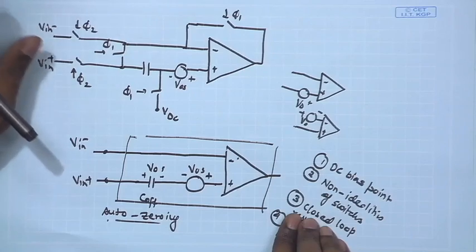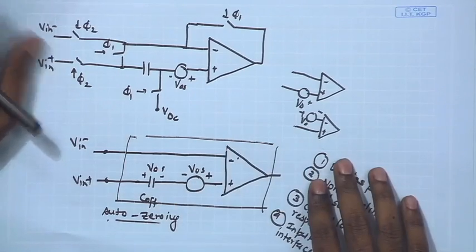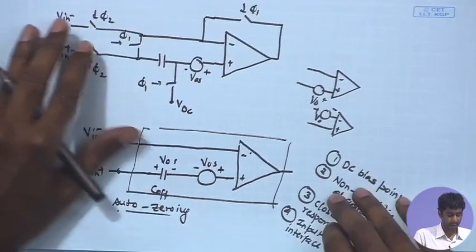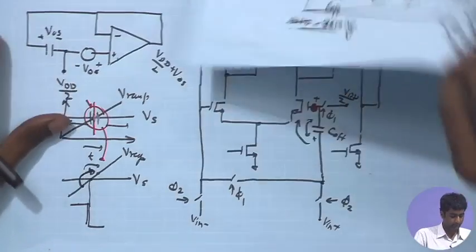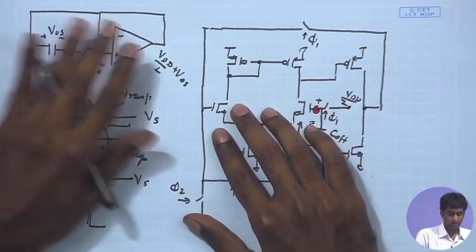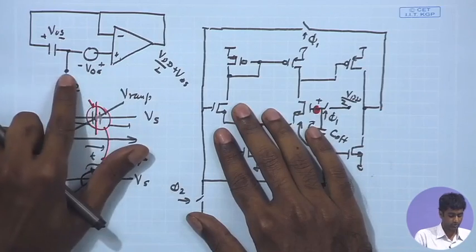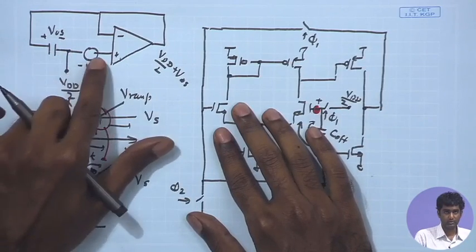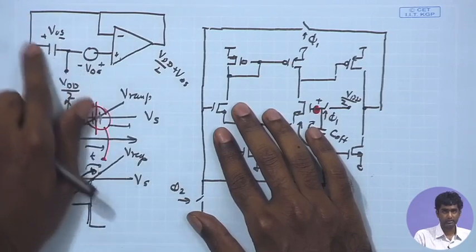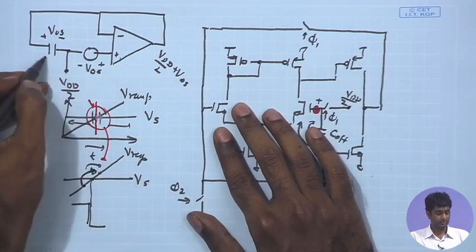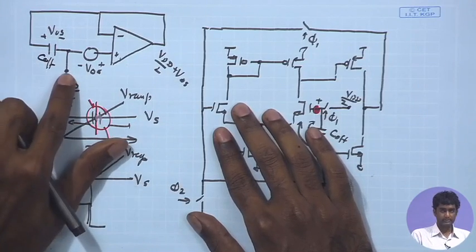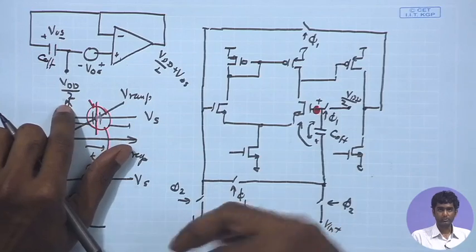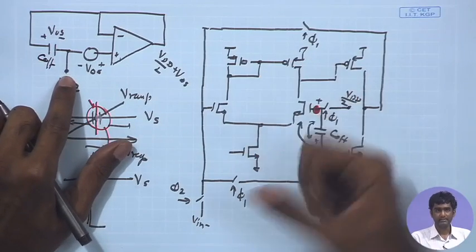So, first we need to identify the overall closed loop circuitry that we have for the phi 1 phase, and for that we have already drawn this particular configuration over here. This is connected to VDD by 2, we have the offset voltage over here and the unity gain configuration. This is C offset. So, this is a DC point, this is a DC point. From the point of view of AC analysis, this can be seen as an AC ground.